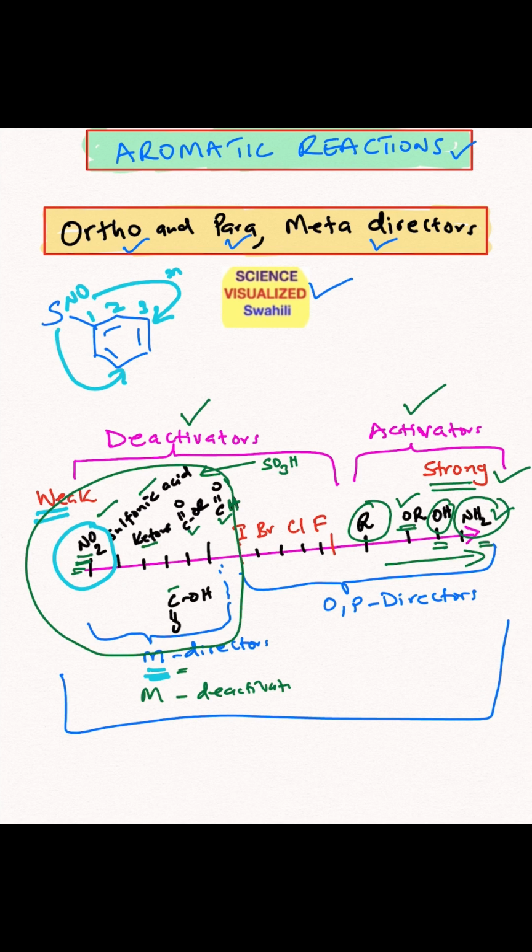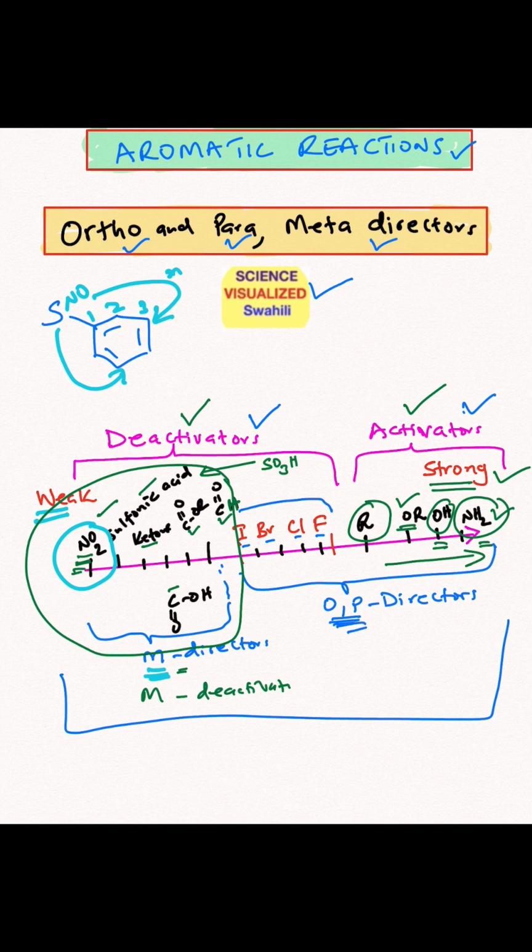Now there's another unique group in the middle, the halogens. Iodine, bromine, chlorine, fluorine. These are actually ring deactivators, but they favor the ortho-para position. So they're just like the ring activators, which favor the ortho-para position.